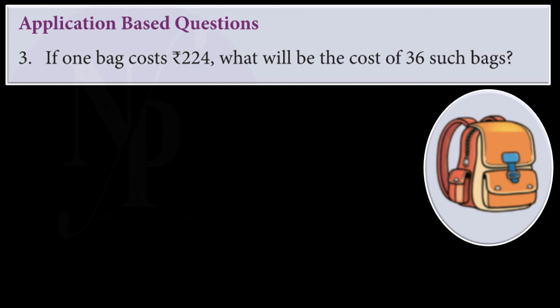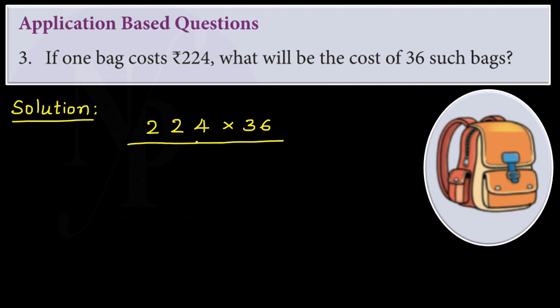And if the price of one bag is 224 rupees, what will be the cost of 36 such bags? To find that, we have to multiply 224 by 36. Come on, let's do it now.